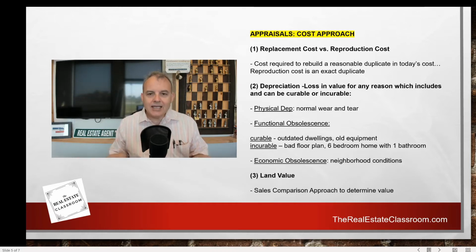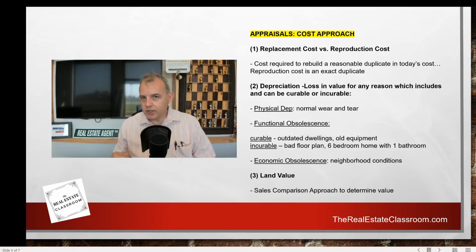Now, that is the cost required to rebuild that church or that hospital in today's dollars, creating a reasonable duplicate of the current structure. That's the key, a reasonable duplicate in today's dollars, because remember, building costs today are much more than they were when that original church was built. That is a replacement cost.